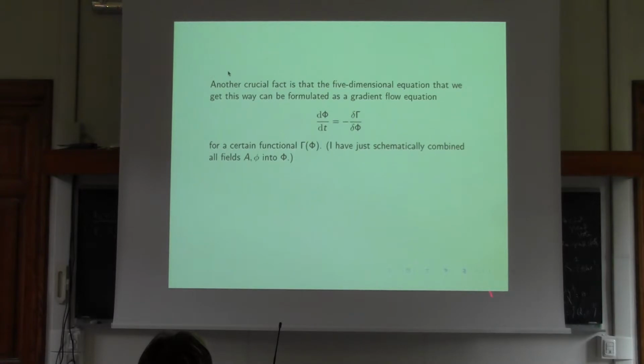Another crucial fact is that the 5-dimensional equation is a gradient flow equation for a certain functional gamma of phi. I've just schematically combined all the fields into phi, and there's some gamma such that the 5-dimensional equations can be written like this. Now, I told you during the period when we were working with the blackboard, in physical terms, why that's true. We're discussing a twisted version of 5D gauge theory, and it has 2 supercharges. So, if you split off the time direction, it's a gigantic version of supersymmetric quantum mechanics with 2 supercharges.